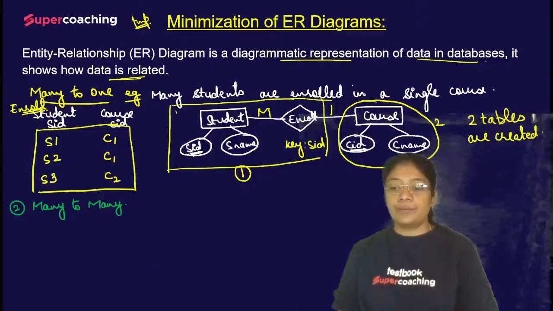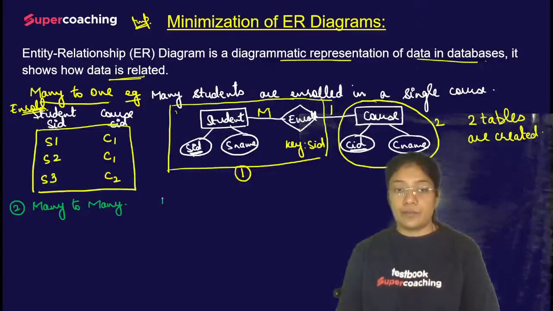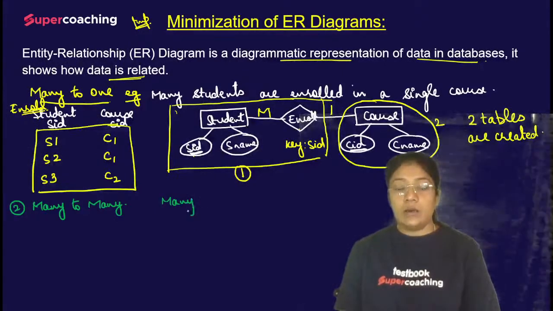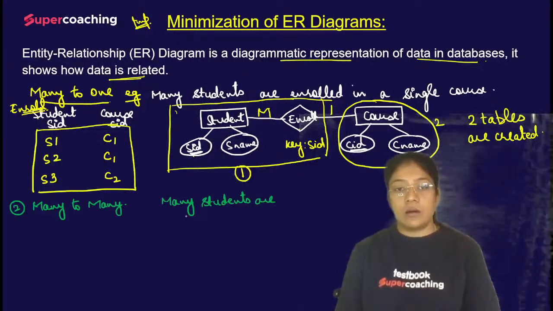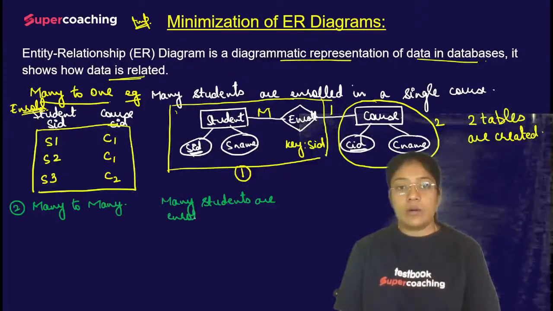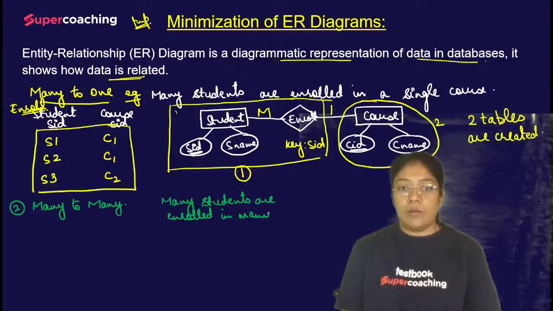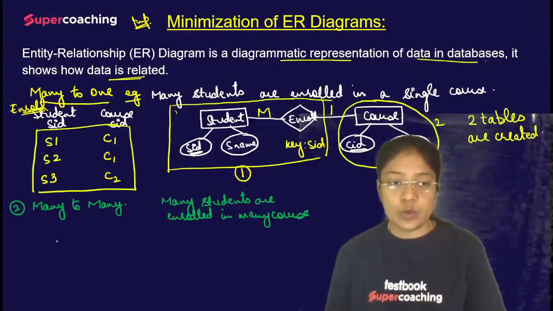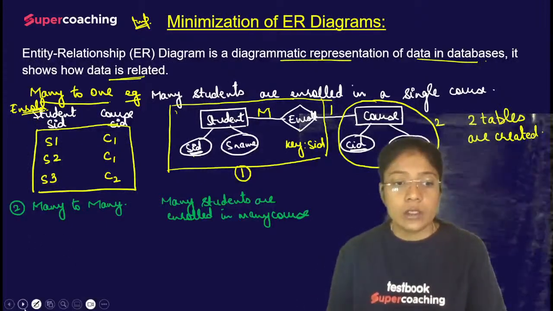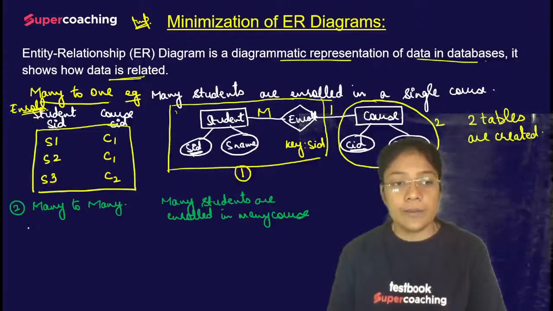For many to many: many students are enrolled in many courses. So here what we'll do is, student is represented by the student ID. So here we have the entity for the student.